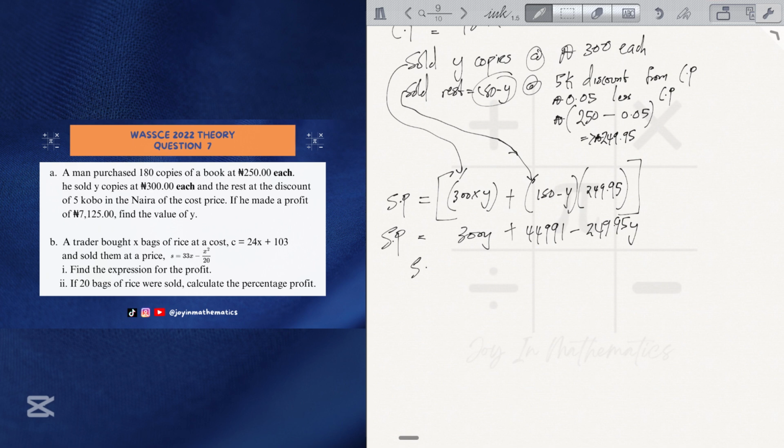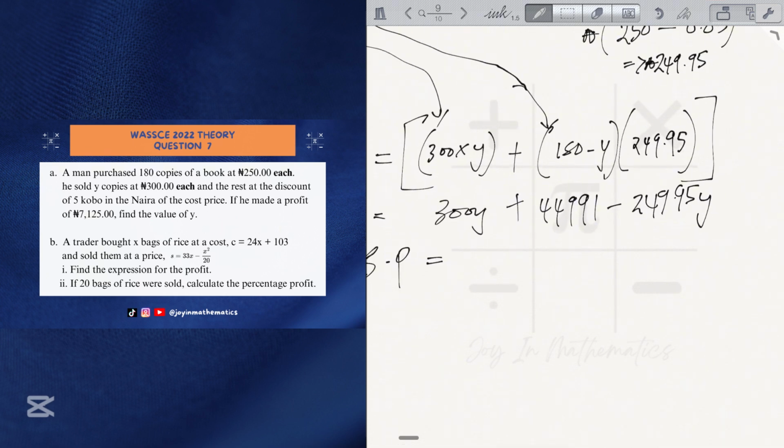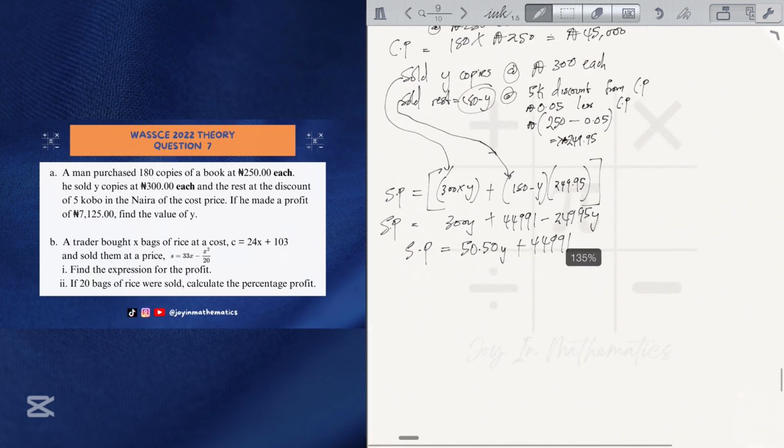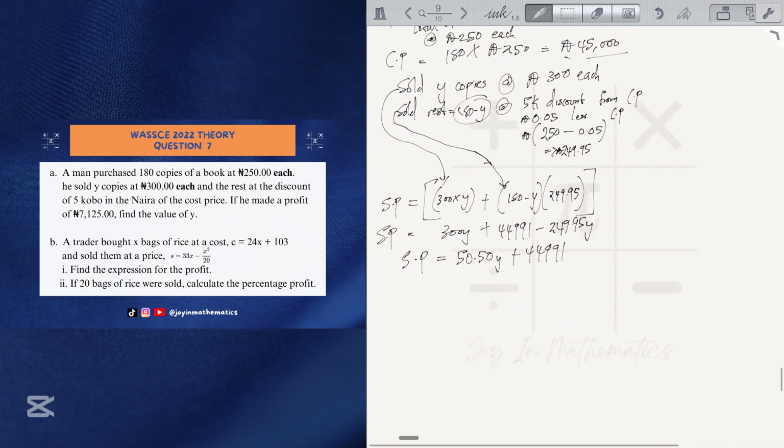So if we simplify it further, we will have that the selling price is equal to 300 minus 249.95. Remember, 300 minus 249.95 is going to give us 50.05y plus 44991. So we have the selling price to be this, and we have the cost price to be this.